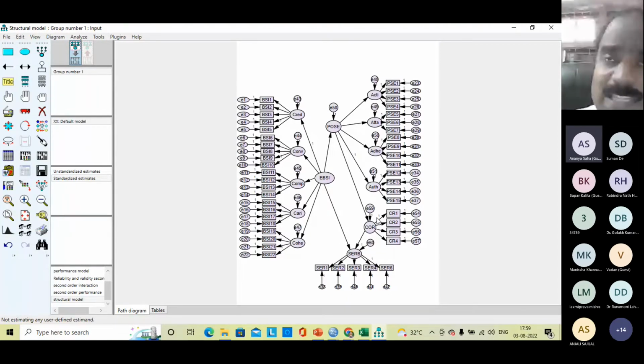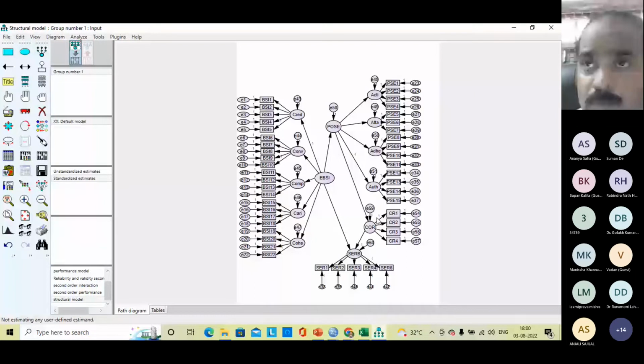In configural invariance, you are testing the factor structure. In metric invariance, you are testing by constraining the regression weights. In scalar invariance, you are testing by constraining both the factor weights and the intercept values and comparing.